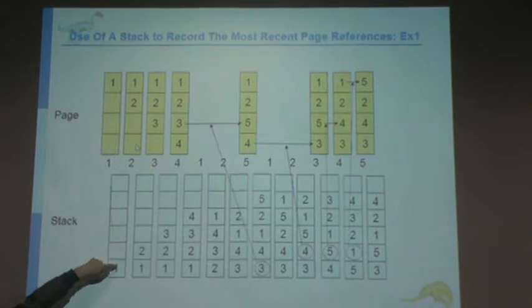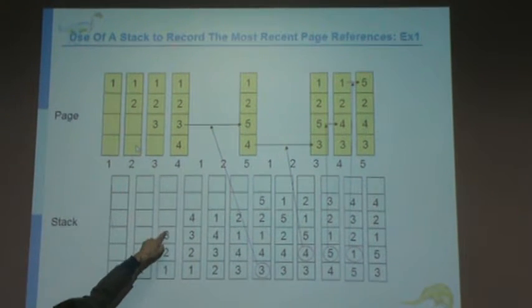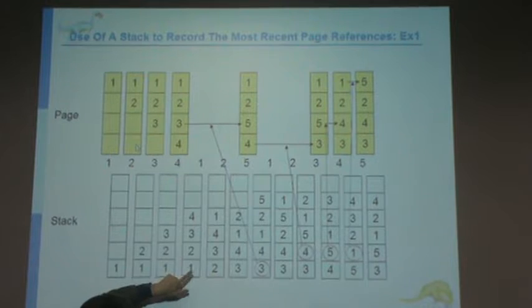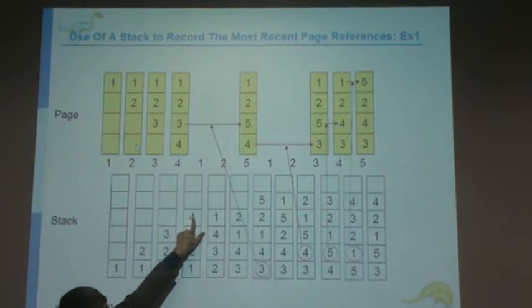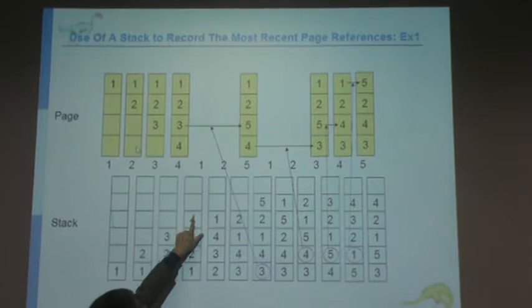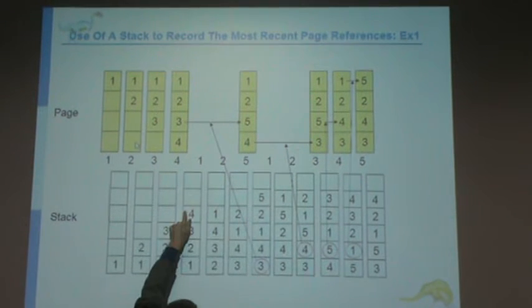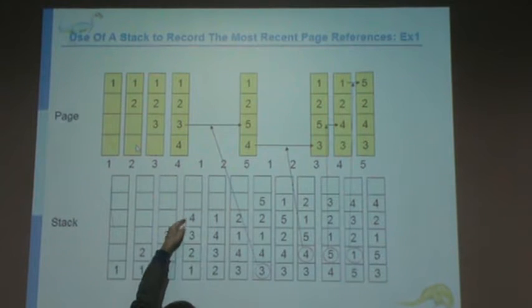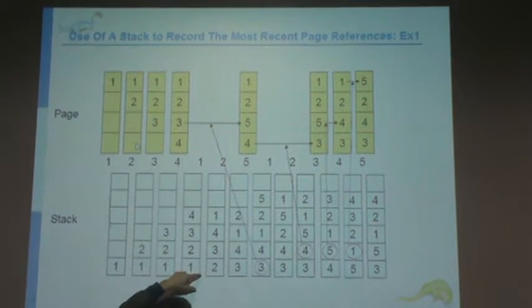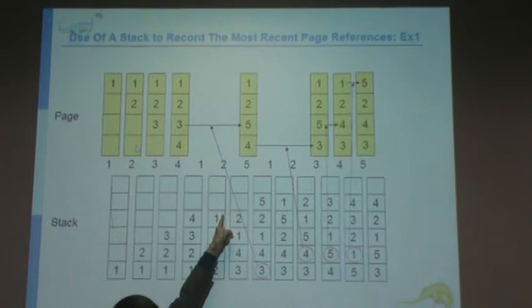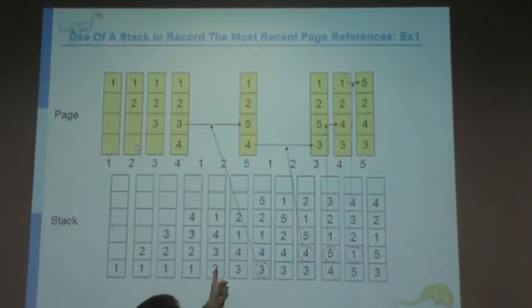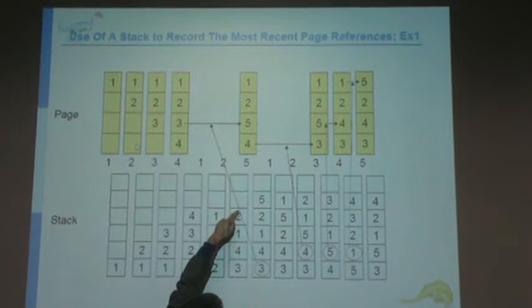So for example, 1, 2 is referred, 3 is referred, 4 is referred, which means this is the least used one and this is the most recently used one, right? So in case 1 is referred, we can take 1 out to the top because it's the recently used one, not an old one. And 2 is referred and brought to the top.